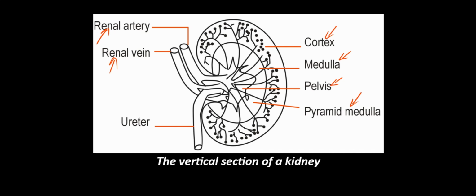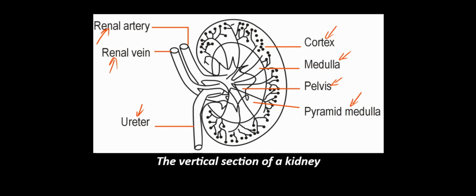Now let's discuss the pelvis. The pelvis leads into the ureter, while the ureter leads into the urinary bladder, and the urinary bladder leads into the urethra. The structure responsible for the formation of urine is the nephron, and the nephron is known as the kidney tubule.